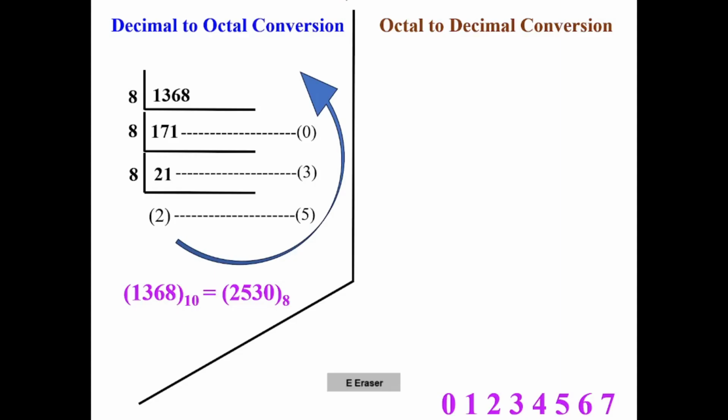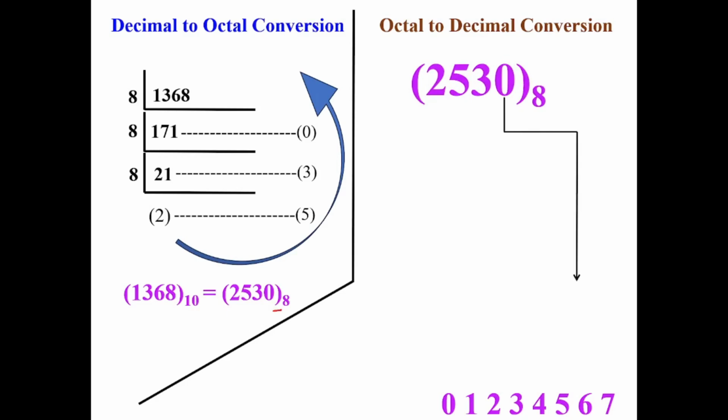Here I have written the heading, octal to decimal conversion. We consider the octal number 2530. How are we going to convert this octal number to decimal? Here you can see the least significant bit is multiplied by 8 to the power 0.